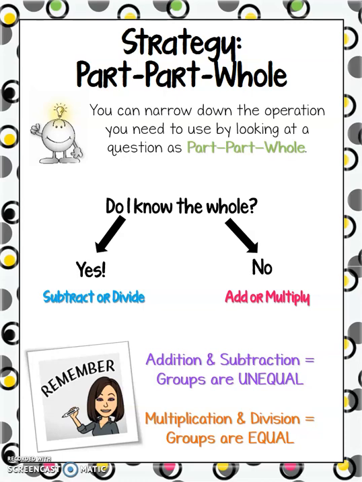So for example, in the question about Kelly, since I knew that the whole was 50 magazines, that narrowed me down to either subtract or divide. Then I would have to decide, are my groups unequal or equal? Since it told me that each box held 6 magazines, I knew I had equal groups. So that's how I could decide that I would need to divide for that question.